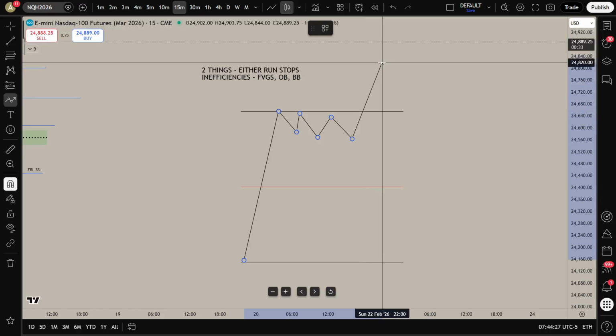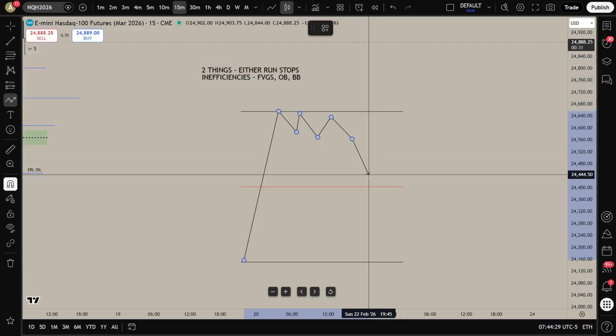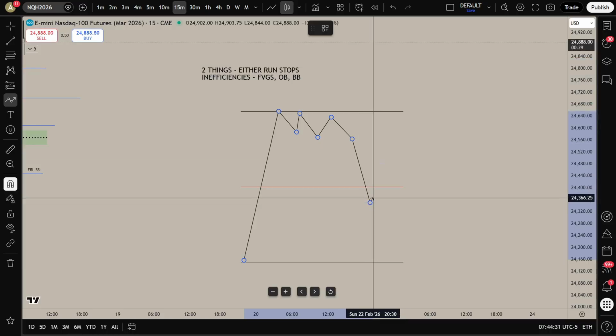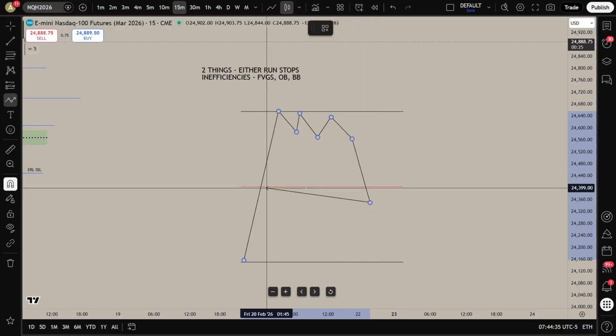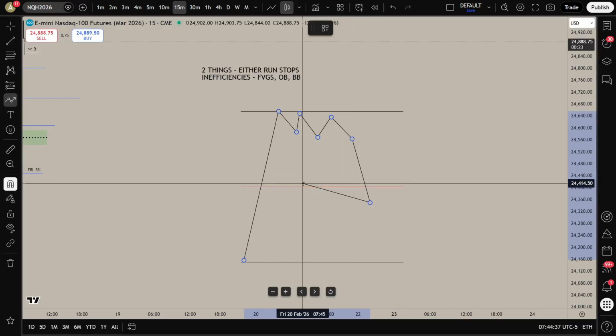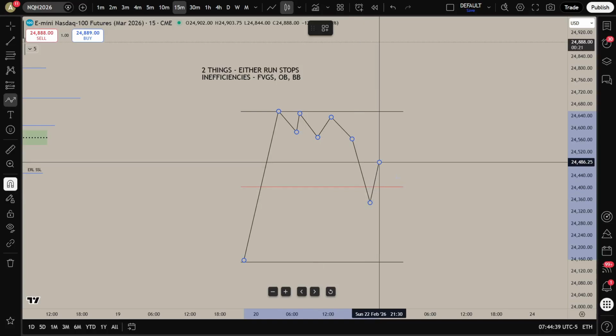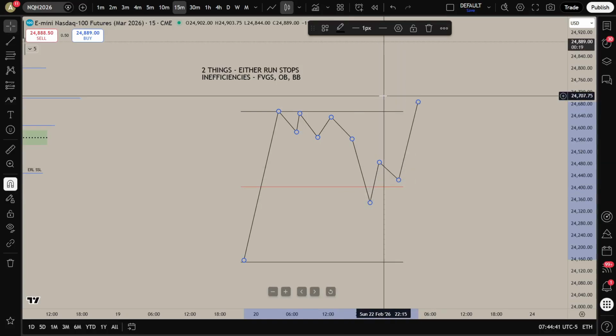Do you expect the price to move up again? No, you expect the price to go down into some sort of discount. Maybe it can be an FVG, maybe it can be taking out some previous day low, or the NY PM low of the previous day, and then changing structure to move up again, right?